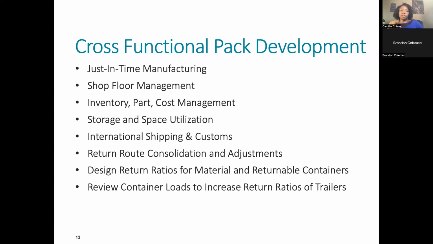That goes back to the next bullet, which is the return ratios. Are any of these collapsible? If they're collapsible, let's say for every 1 you ship in, you can collapse them and ship 5 out. Then for every 5 trucks you have coming in with parts, you may only be sending out one a week.